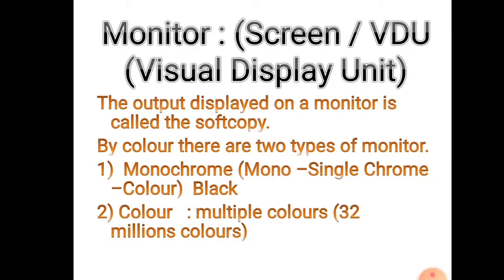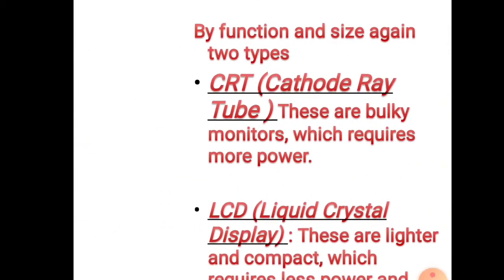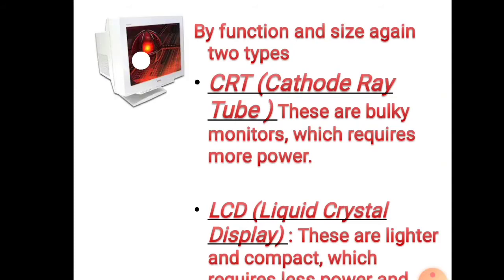The second one is color. Nowadays the monitors we see show around 32 million colors, so they are multicolor. Then again there are two types by function and size. CRT, the cathode ray tube monitor, was there until about 10 years back.